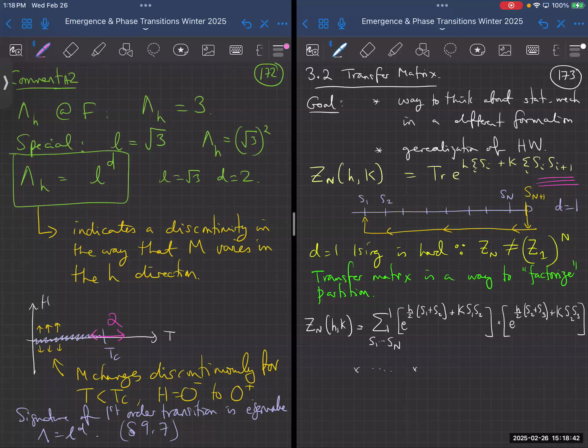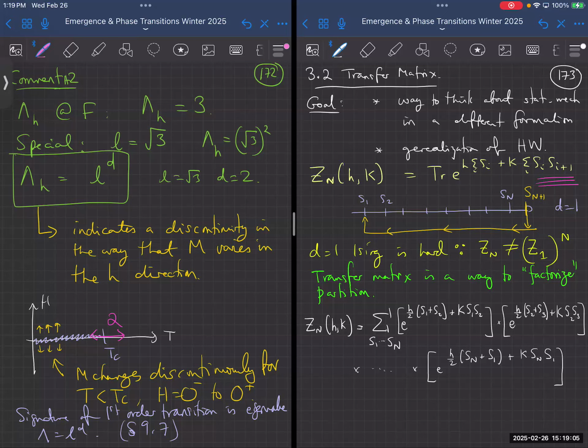And then when I get to the end, what do I have? I have e to the h over 2 spin n, and then spin n plus 1 is really spin 1. So it goes like that, plus k Sn S1.